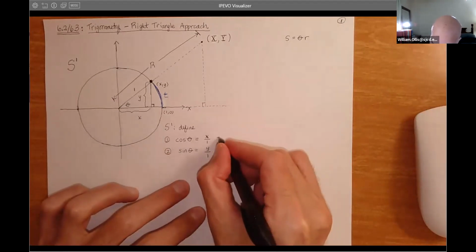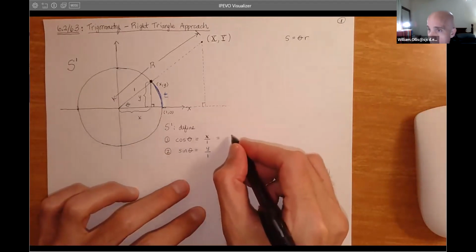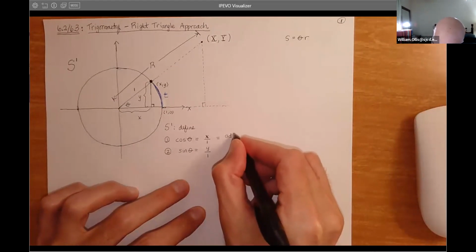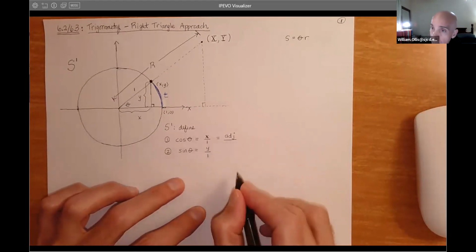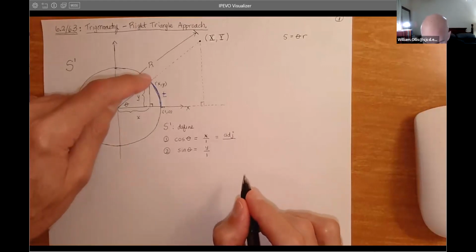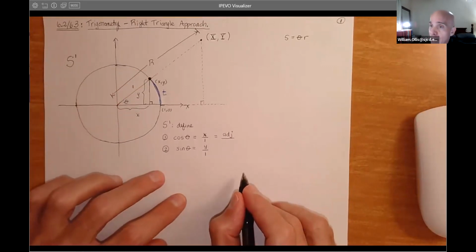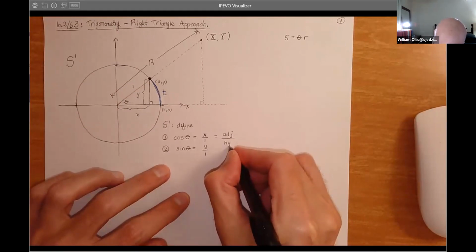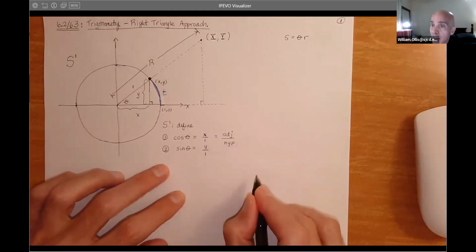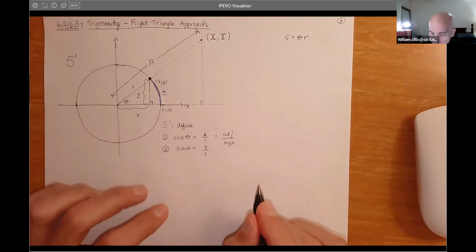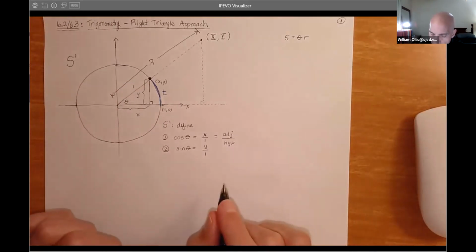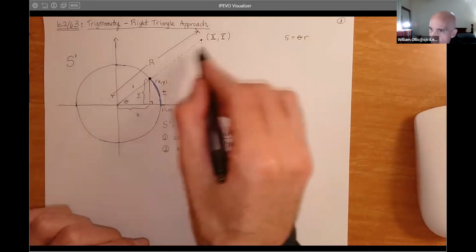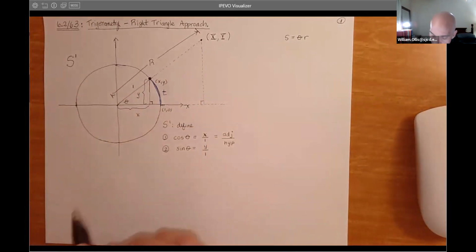And so what we would do, instead of write adjacent, because we're lazy, we would write ADJ for adjacent. And then, of course, 1 represents the hypotenuse. So we say hypotenuse, HYP. Now, another thing that we're going to notice when we extend to this triangle, we can also use letters that we like. So I'll mention that shortly.